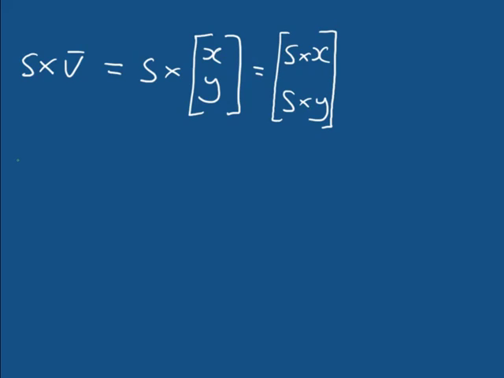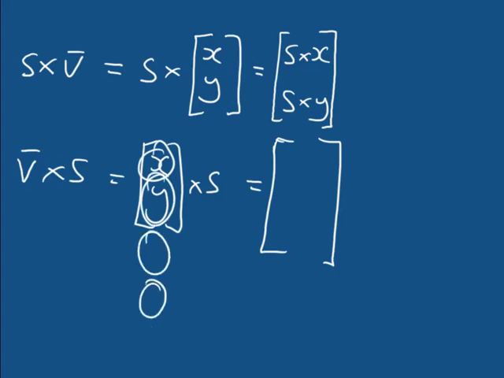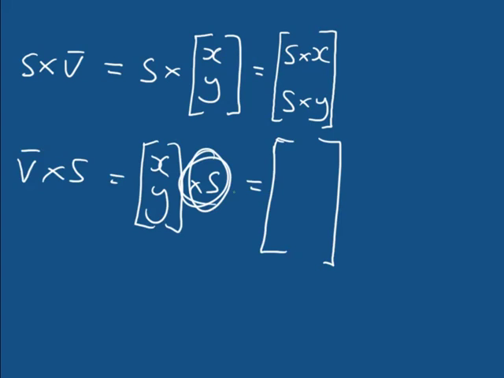What about the other way we could have multiplied this? V times s. So we'd have had x, y multiplied by our scalar. This is going to work in exactly the same way, but in this case we're going to take each component of our vector, and because that comes first, we're going to multiply that by our scalar.